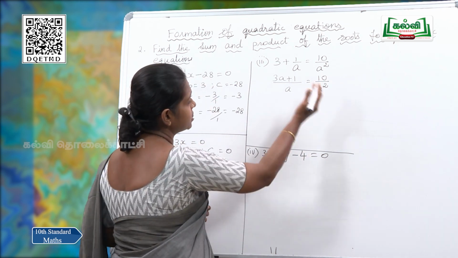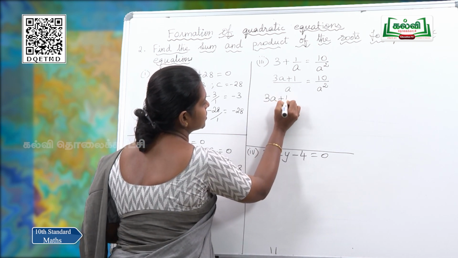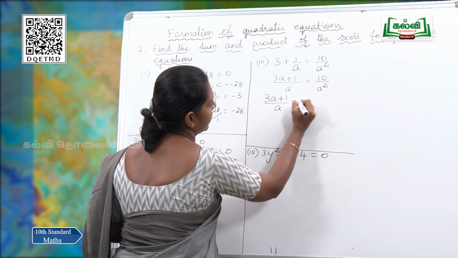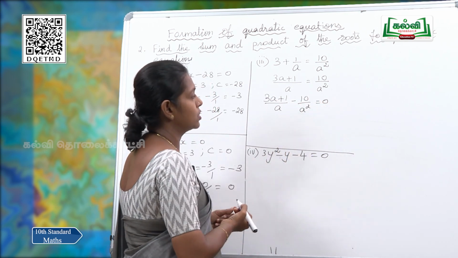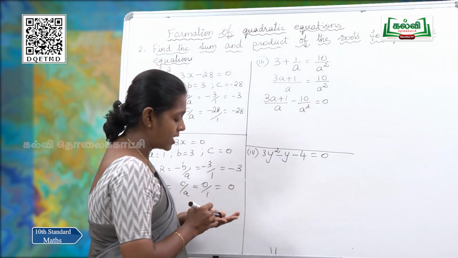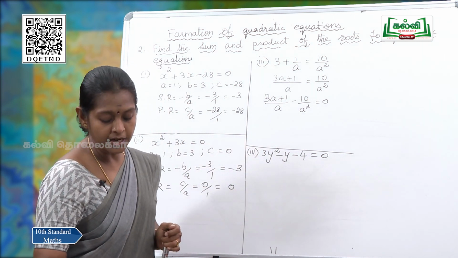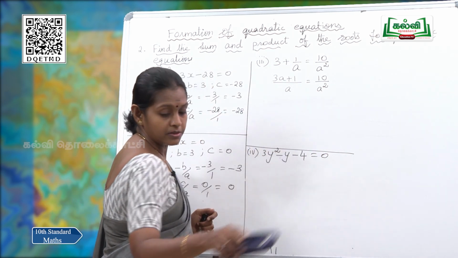Now change everything to this side: 3A plus 1 by A minus 10 by A squared equal to 0. Or otherwise, you can change that side also.